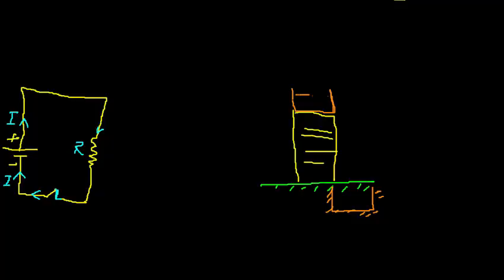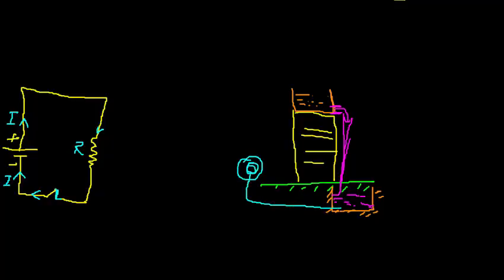And whatever water we have, through some opening or a hole or a channel, it falls down and falls into this pond. And let's say that we have a motor or a pump.